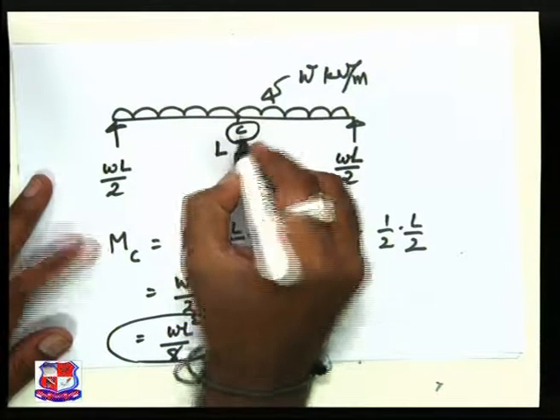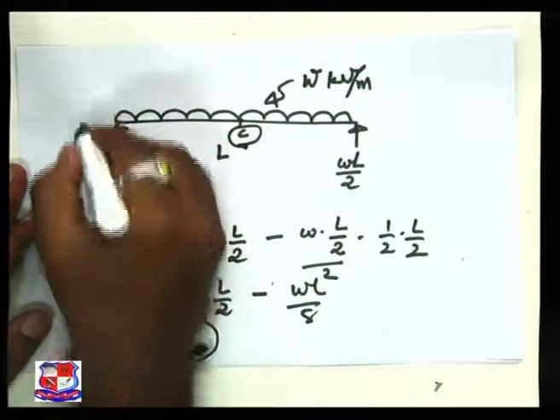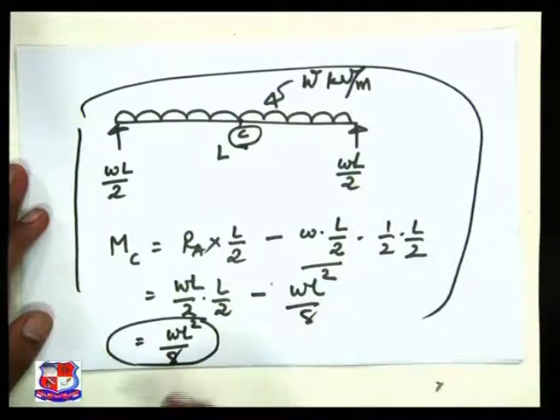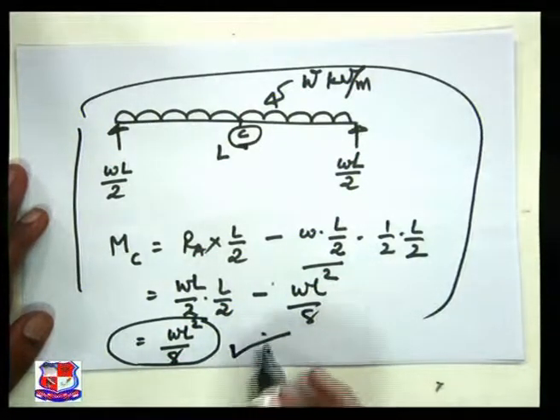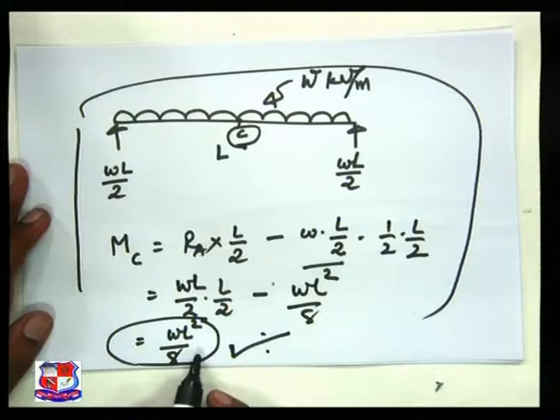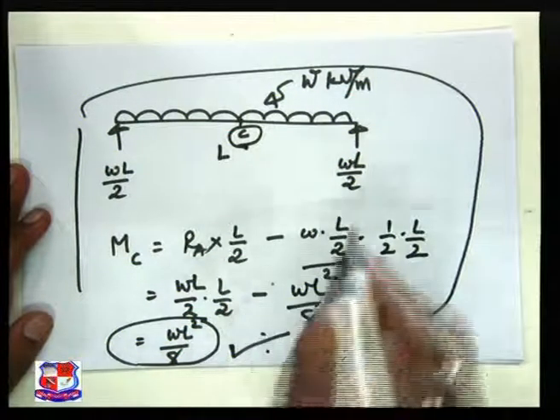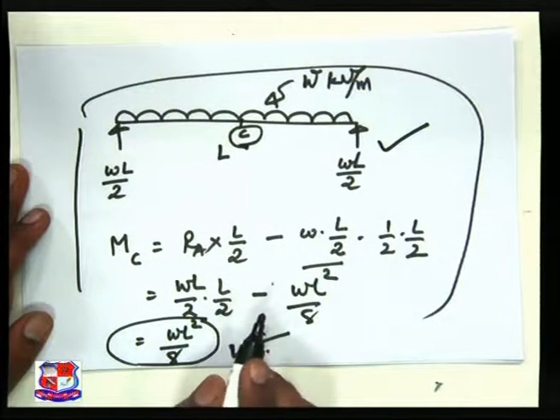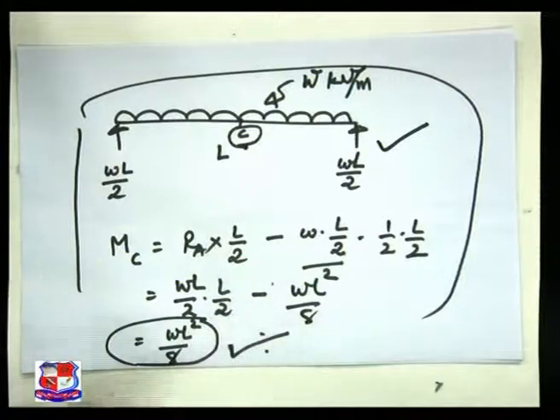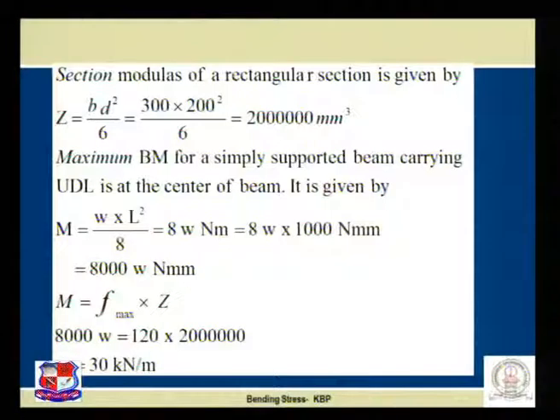So if you want to avoid these steps, you have to remember certain formulas which are applicable to certain cases. So let us come to this PPT. M is equal to WL square by 8.